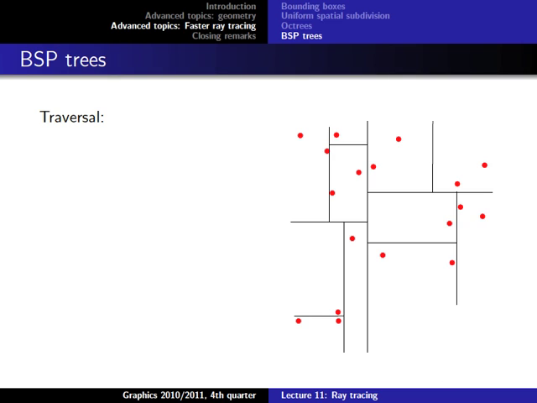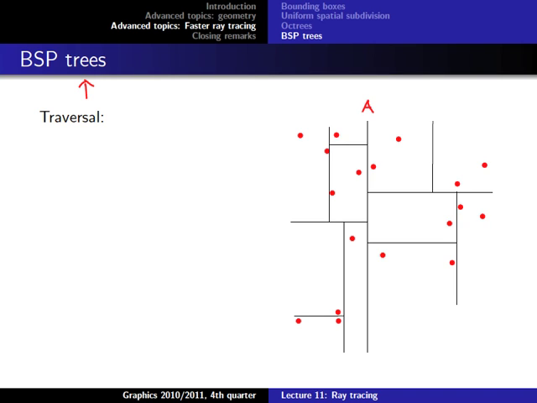Now, of course, for the traversal, we have to think about how we can do that, and here I'd like to draw your attention to what is written here. I was always talking about binary space partition trees, but I never really drew a tree. But the point is, you can easily create a tree with this partition. So let's do that. We start with the first split.